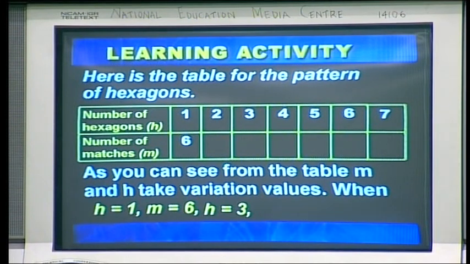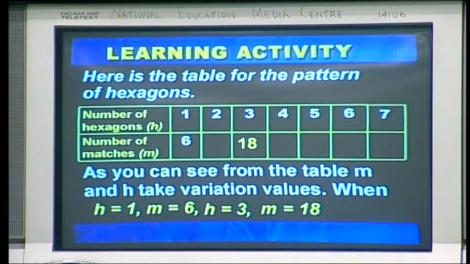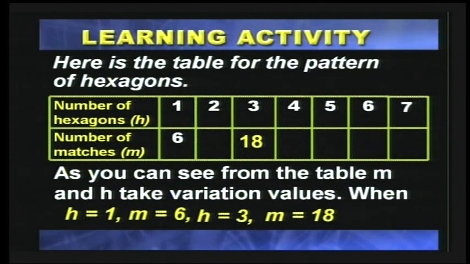You should have the number of matchsticks would be 18, and this 18 should come straight under 3. Now let's have some students come and complete this for us. Quickly, I'd like 5 students to come and write answers to these blank spaces.